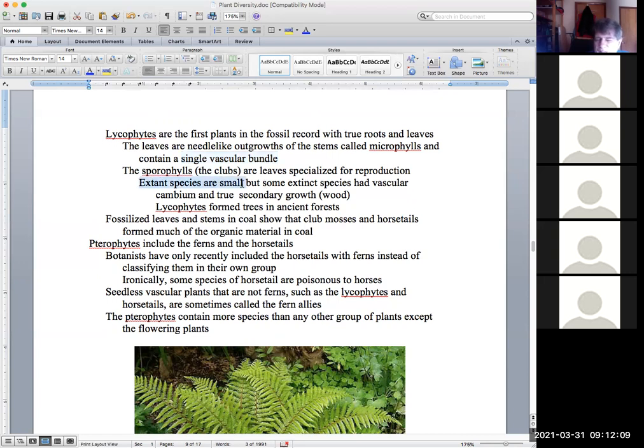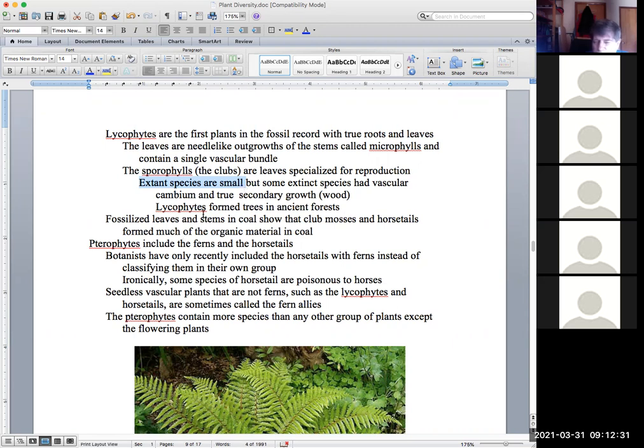Now, the extant species, and remember extant is the opposite of extinct, means they haven't gone extinct. Extant species are small, but if we go back in geological history to the time of the dinosaurs, there were lycophytes that formed trees. So they were much, much larger.